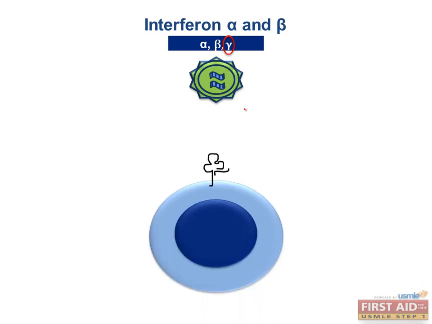Interferon gamma, we talked about that already. Remember, it was made by what cells? T cells, primarily, and it stimulated macrophages. But what else does it do? It actually has anti-tumor properties. So here's the MHC1 receptor. And remember, MHC1 is the receptor that does what?